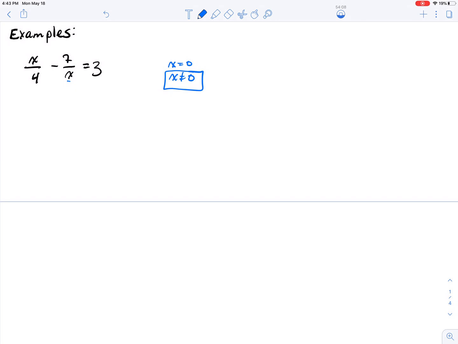Multiply both sides by the LCD. What is going to be our lowest common denominator here? Well, it's going to be 4x. So that means we need to take 4x and multiply by the left side, and take 4x and multiply it by the right side.